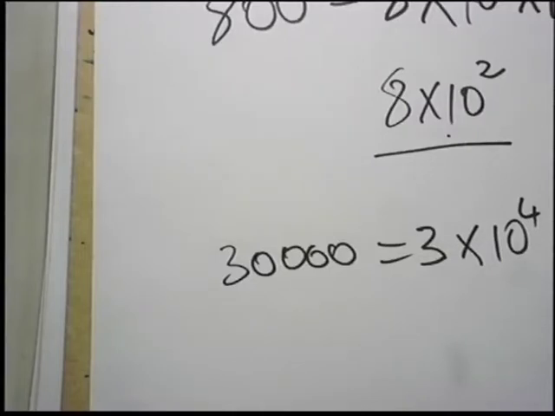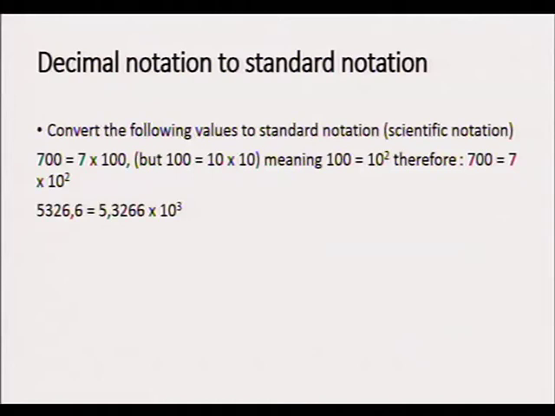So say for example they have 5,326.6. So for you to convert that one to standard or scientific notation, you have 5.3266 times 10 to the power 3. So what is happening here is that you look at the comma.